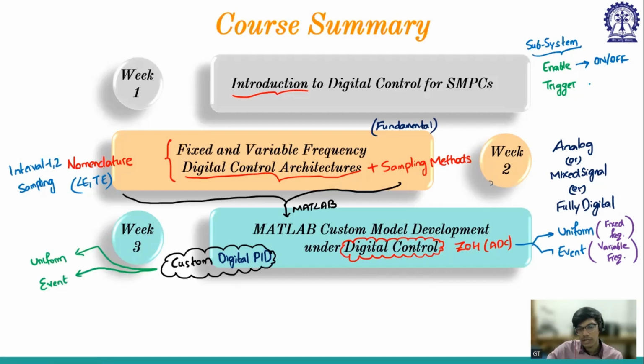And trigger says when to start the computation. Whenever it sees a trigger, it will start the computation; until that time, it will hold the value. So if you want it once in a cycle, at the instant you want it computed, you give a clock edge or event edge, and accordingly it will compute the value.